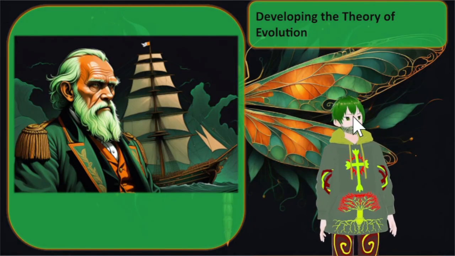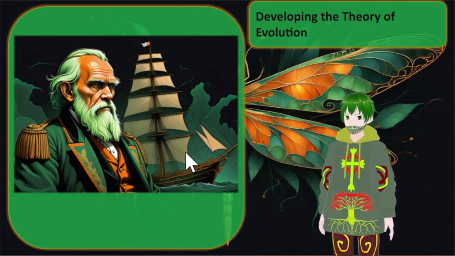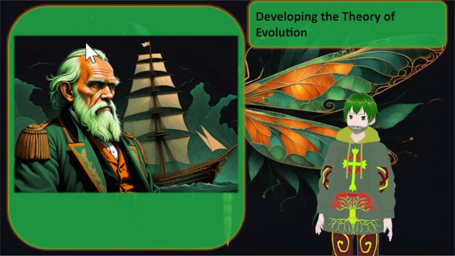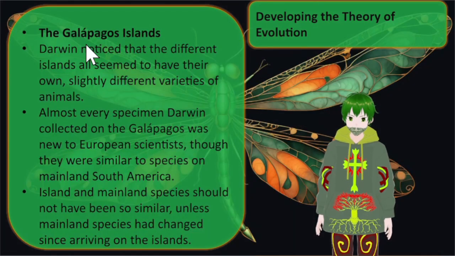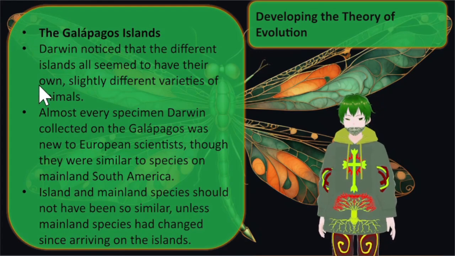And so Darwin is most famous for having taken observations on the Galapagos Islands. Here's a ship, and here's old Charles himself. And what he noticed in particular was things like the giant land tortoise on the Galapagos Islands.